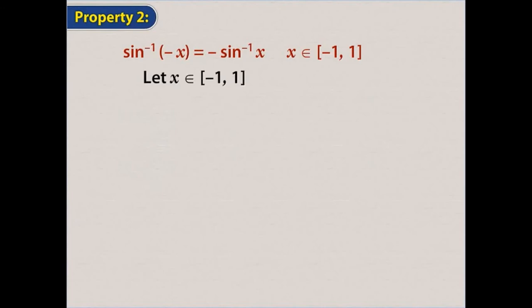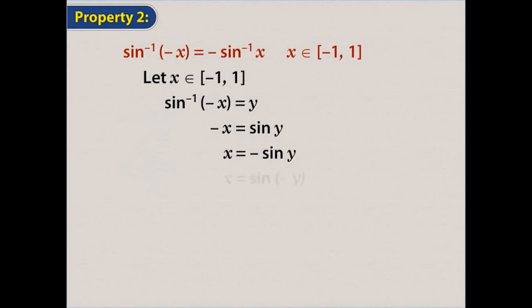Property 2. Let us prove that sine inverse of minus x equals minus sine inverse x in the interval minus 1 to 1. Let x be an element in the interval minus 1 to 1. Sine inverse of minus x equals y. Minus x equals sine y. x equals minus sine y.